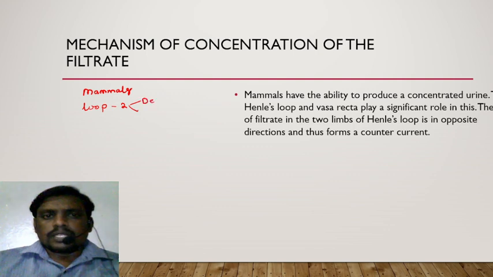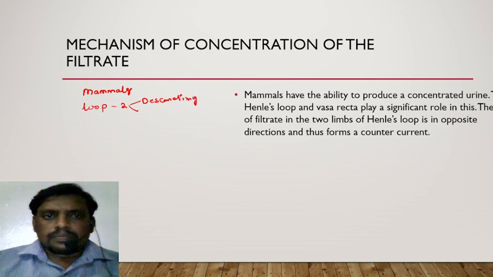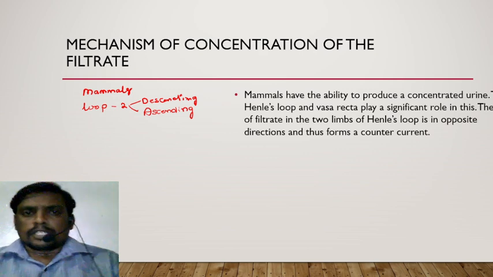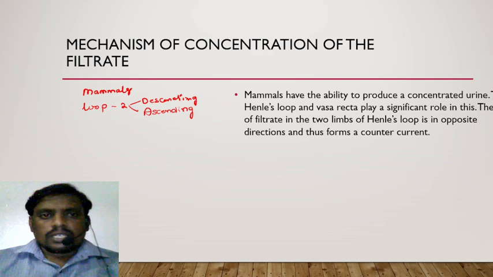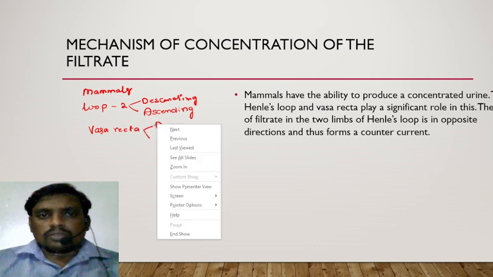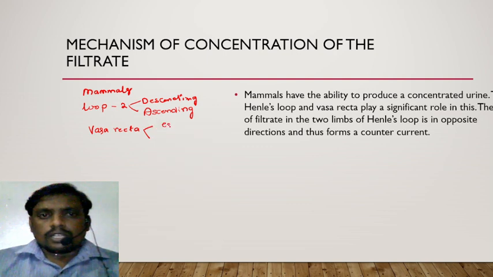First the descending limb, and next the ascending limb. They help in the process of concentration of the filtrate along with the vasa recta.